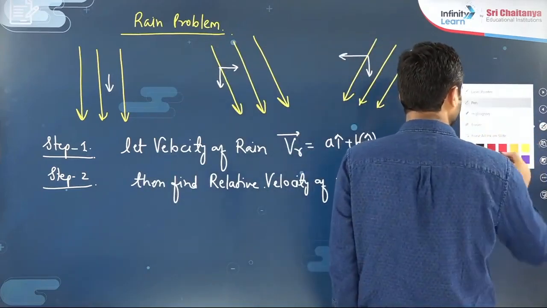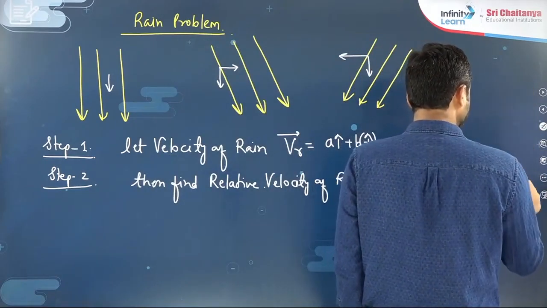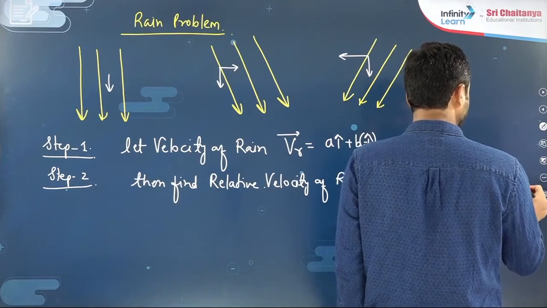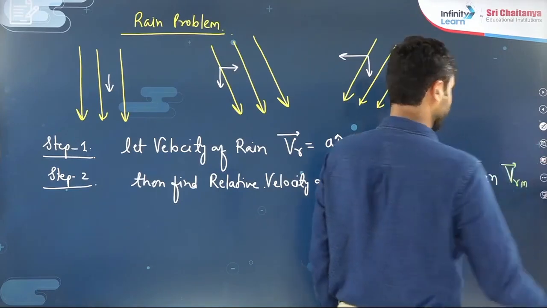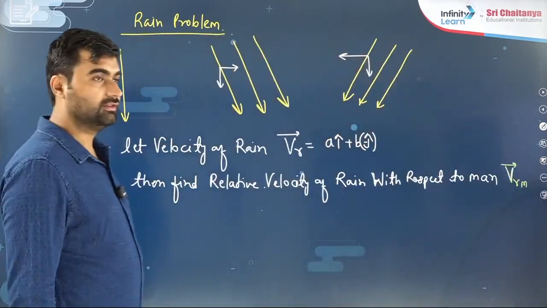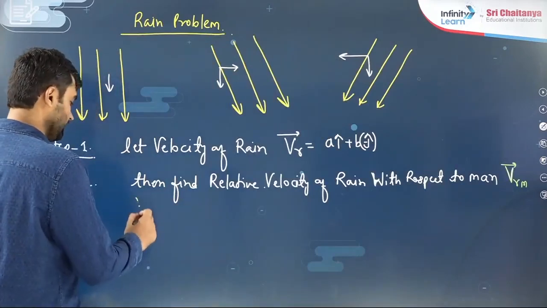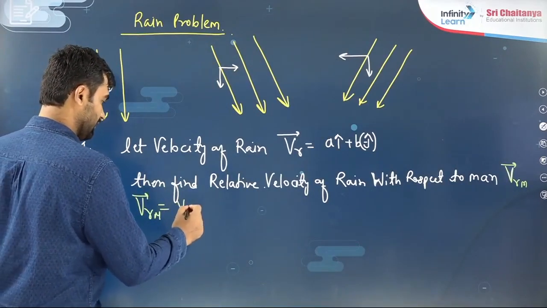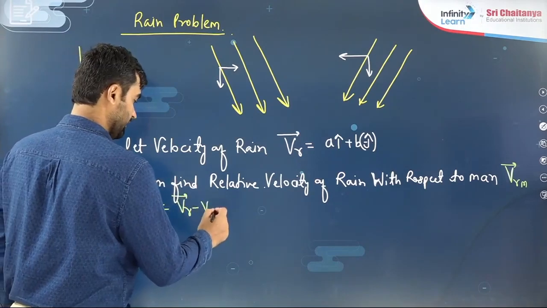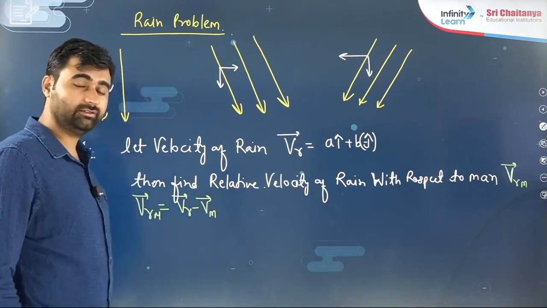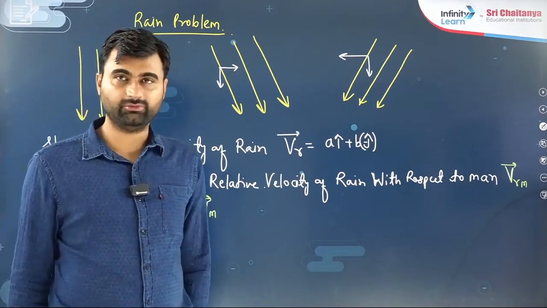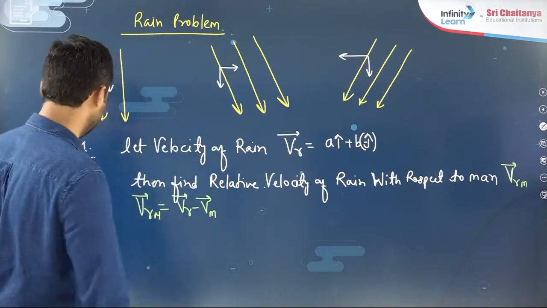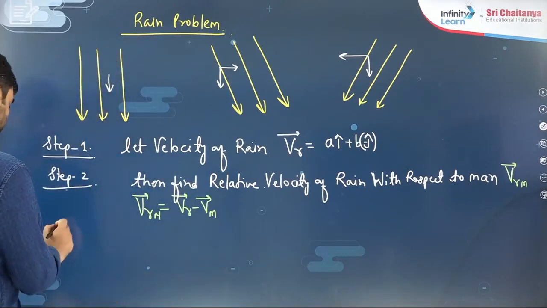Its meaning is VRM, the velocity of rain with respect to man. So the VRM formula is VR minus VM. Clear? Like this you have to find VRM. Understood? Okay.